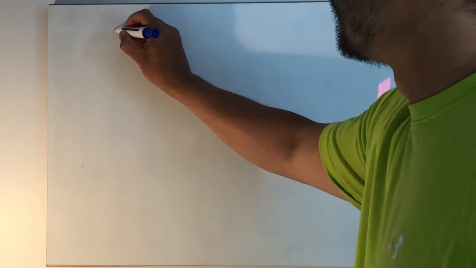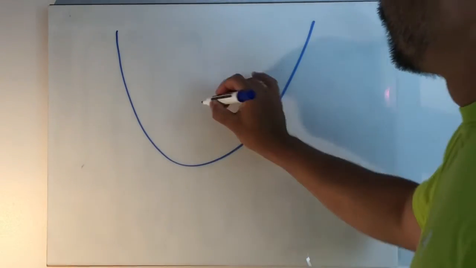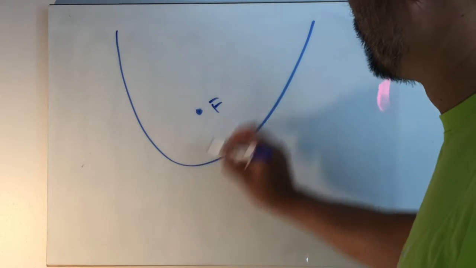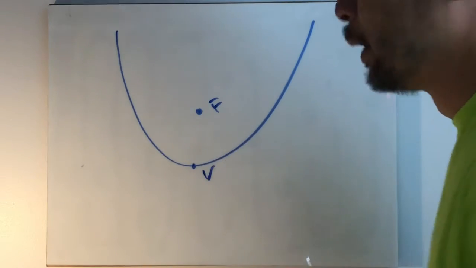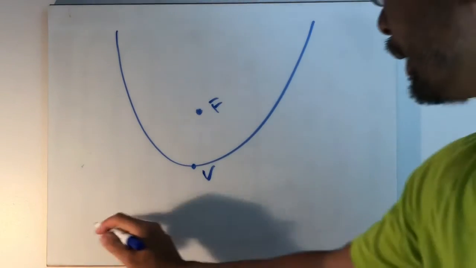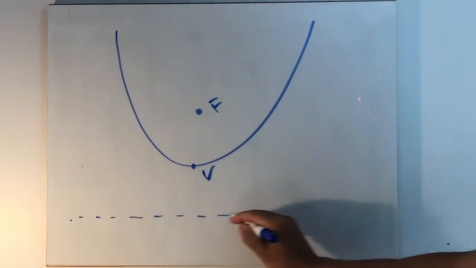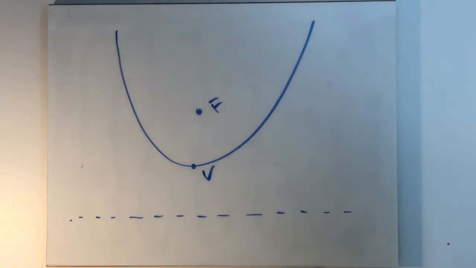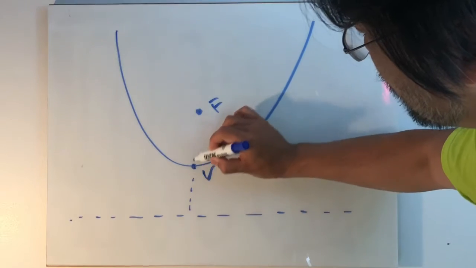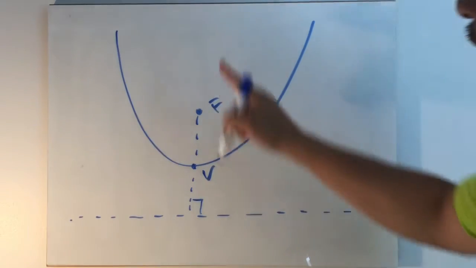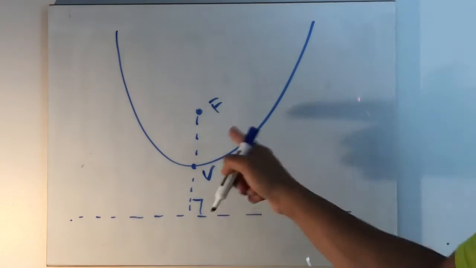There. Okay. So if we have a parabola with a focal point there, the vertex there, there exists a line down here that is perpendicular to the line connecting the focal point with the vertex.